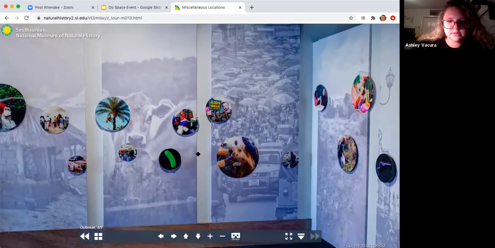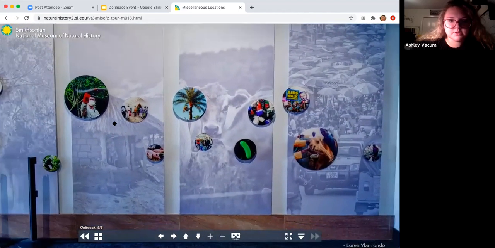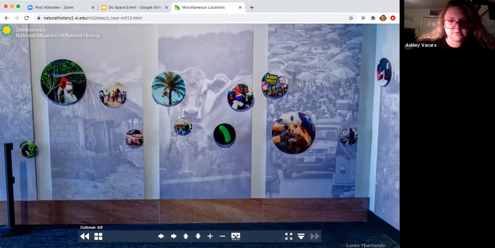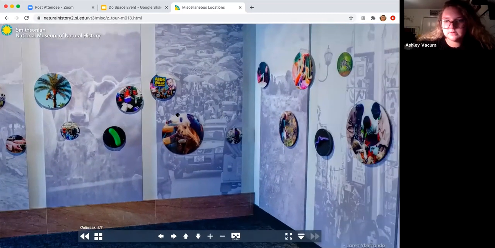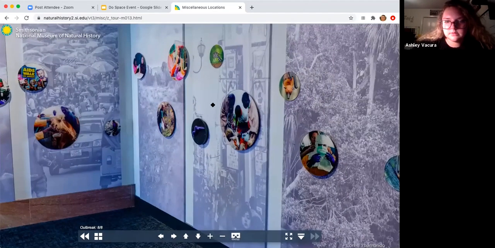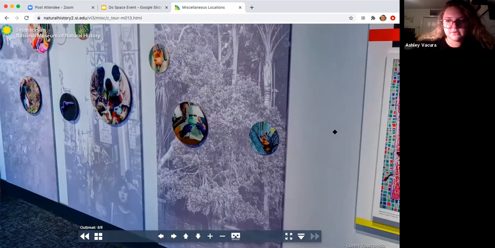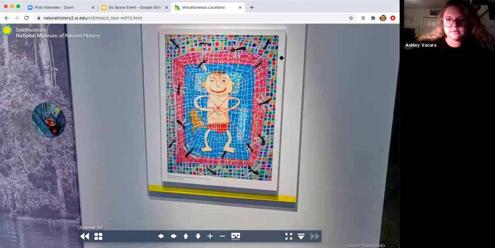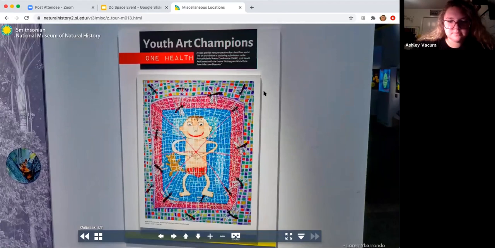And we can see all these pictures. So see, they're wearing masks just like we are now. Yeah, a lot of these look very similar to what we see now. Cute little picture.